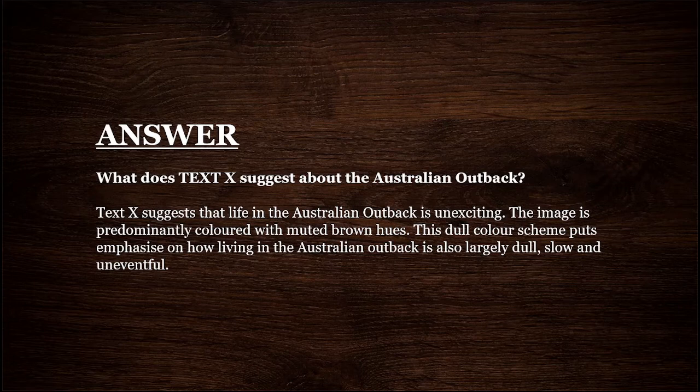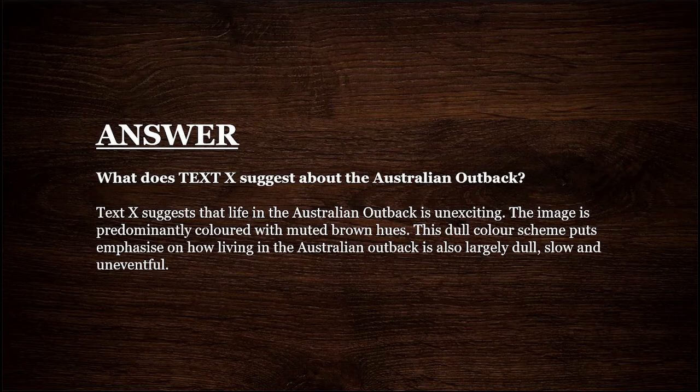So now let's prove that this idea has been represented by the image. The image is predominantly colored with muted or monochromatic brown hues. The dull color scheme puts emphasis on how living in the Australian outback is also largely dull, slow, and uneventful.